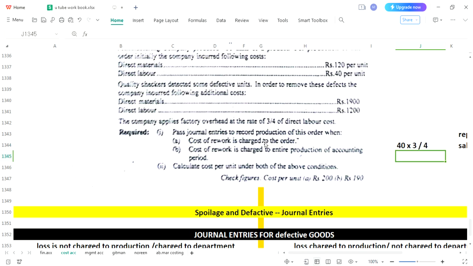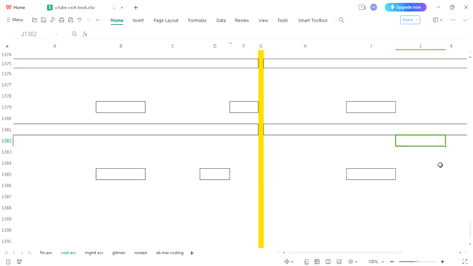3 by 4. So it would be multiplied by 3 and divided by 4. Statement completed. Now calculated 40 multiplied by 3 divided by 4. So here we have calculated FOH. How? Because it was said the company applies factory overhead rate 3 over 4 of labor. Labor rate was 40 and we have taken 3 by 4. In this way 30 per unit is factory overhead rate.